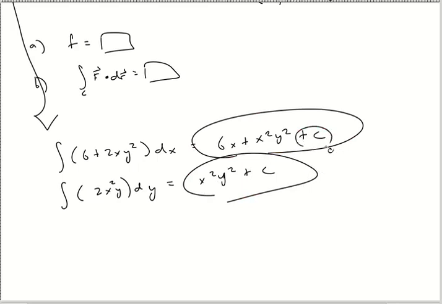This plus c might have had something that this box here didn't have. It didn't. There was nothing here missing, I guess you can say. Or I'm sorry, there's nothing added there. But this C actually is right here, that 6x. It's that 6x. The reason why is because you're integrating in terms of y.